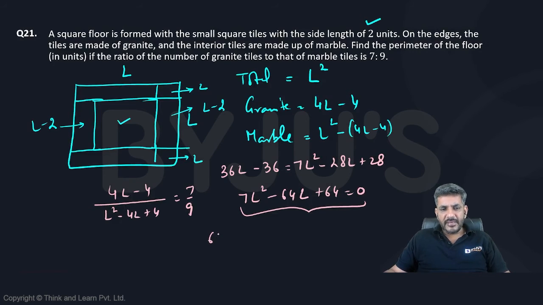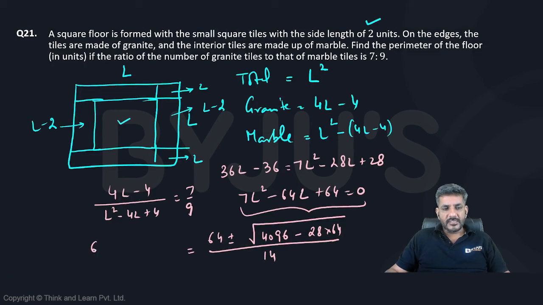So it is minus B plus minus root over B square, that is 4096, minus 4 into A into C, divided by 2A. 2A is equal to 14. If I solve it, it is 64 plus minus root of 4096 minus 28 into 64. If you try to solve it, how much would you get?